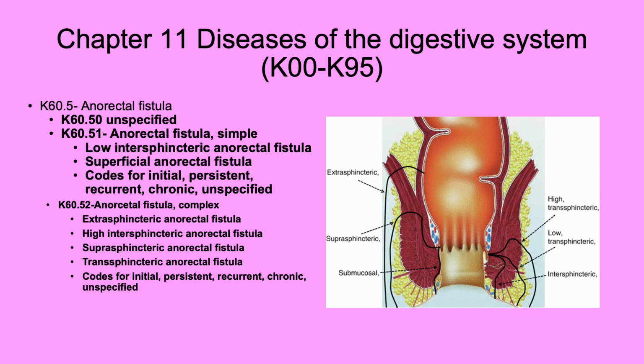And you have anal rectal fistula. So you have unspecified, anal rectal fistula simple, inclusion terms, codes again for initial, persistent, recurrent, chronic, unspecified. Anal rectal, inclusion terms, initial, persistent, recurrent, chronic, unspecified. So lots of specificity added to the fistula codes.